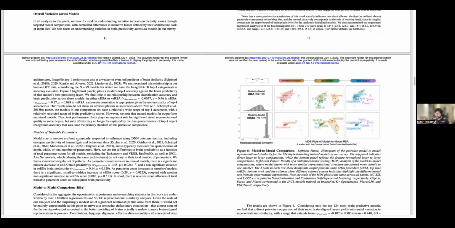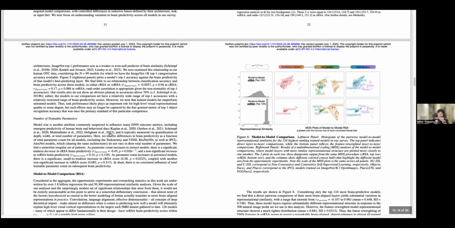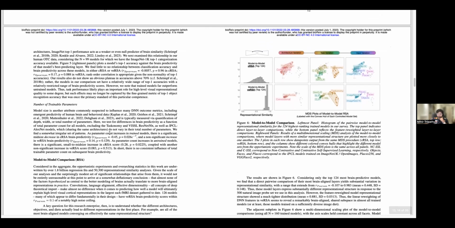If there was an increase in trainable parameters, there was a decrease in CRSA score, but a non-significant increase in ERSA score. So there's not a consistency in the number of trainable parameters. The number of trainable parameters also does not really matter in terms of getting the brain predictivity scores. So yeah.